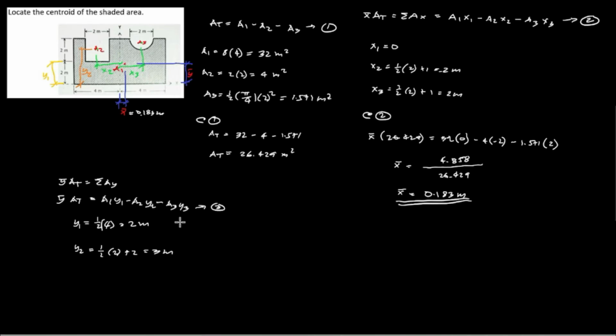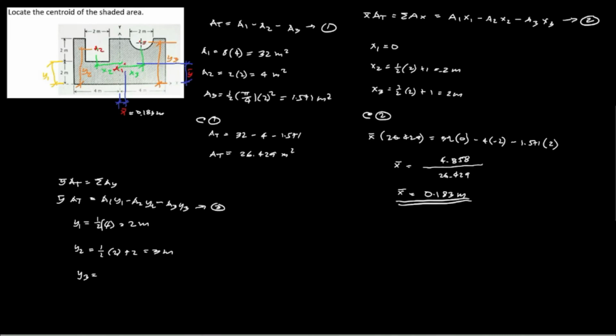And last, we will find the distance y sub 3, which is at the centroid of the half circle, from this point up to the x-axis.